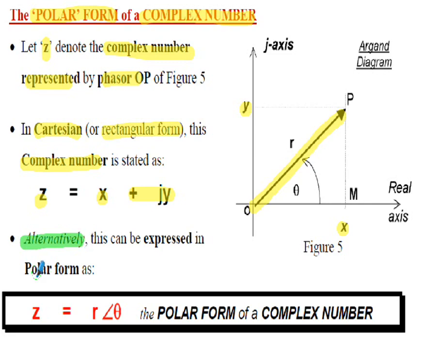Alternatively, we could express the same complex number z in what's termed polar form, where z is equal to r associated with the angle theta measured anticlockwise from the horizontal real axis. This is known as the polar form of a complex number.